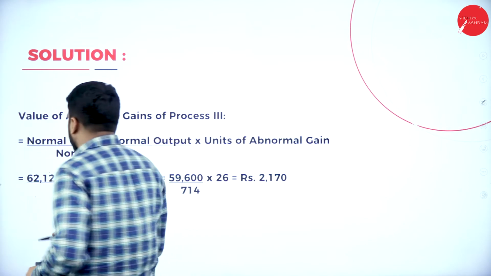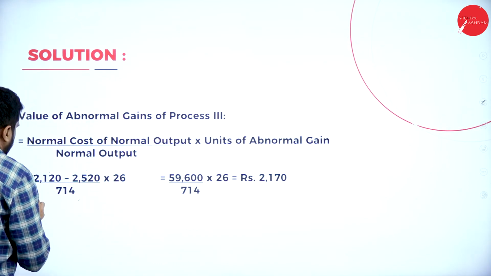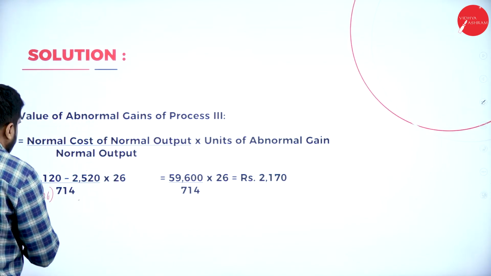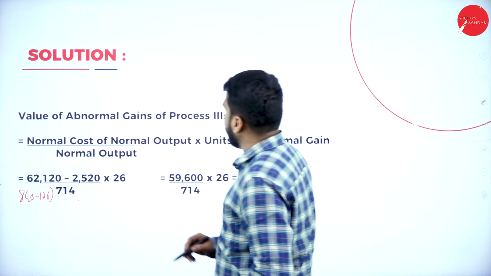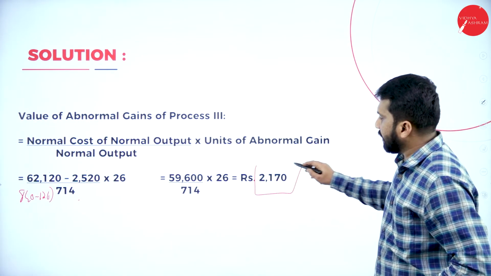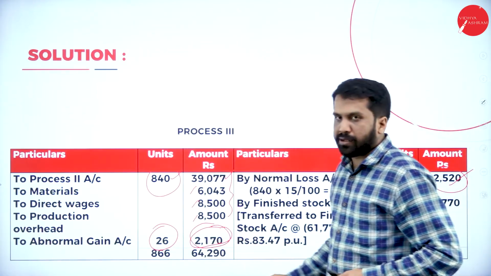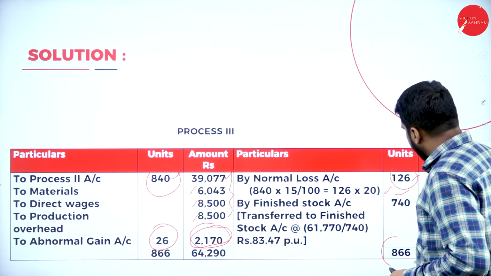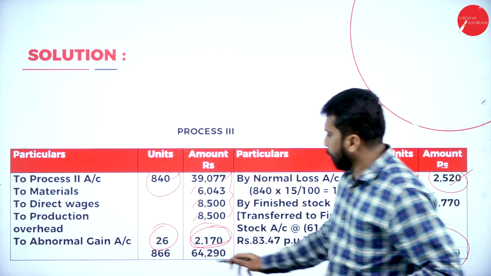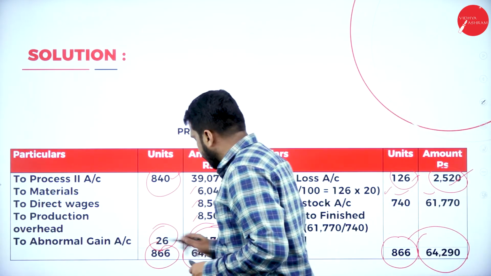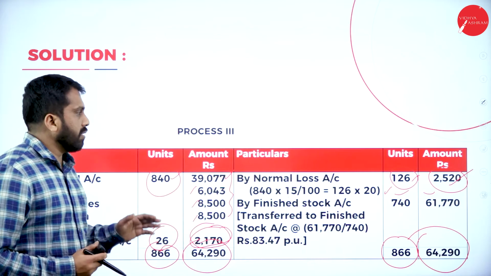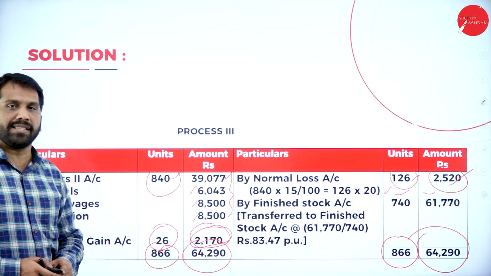Now, this is how you got 840 minus 126. Into 26, you got 2,170. Now close this. You get 866, 64. This is all about your process 3.